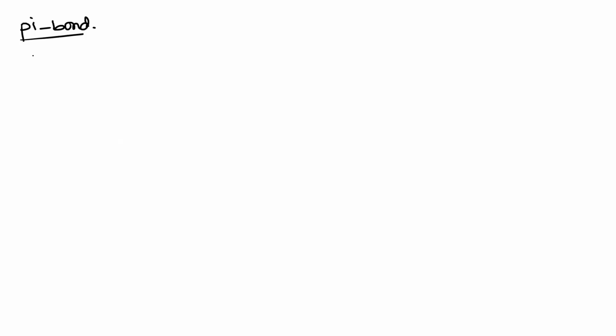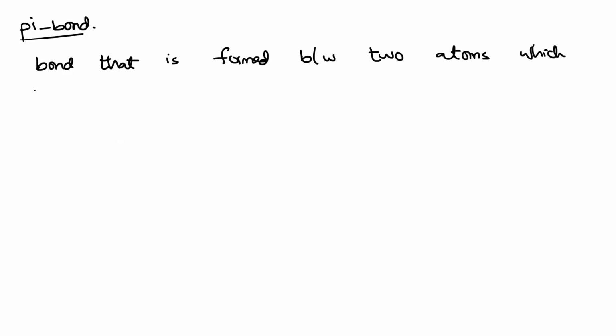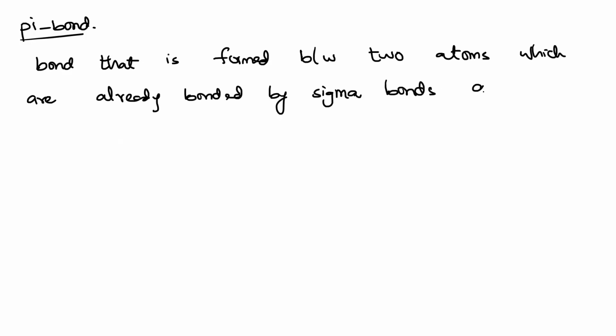A pi bond is a bond that is formed between two atoms which are already bonded by a sigma bond, and it is formed sideways, not headways.